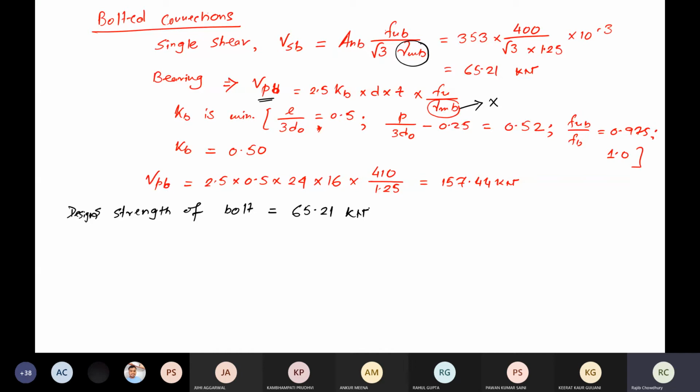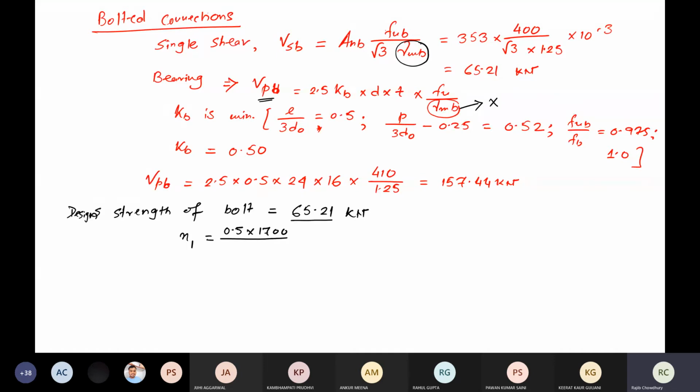So 0.5 times how much was my actual load? 1700 kilonewton. And the strength of the fastener is 65.21.